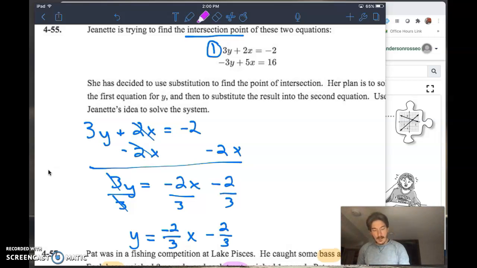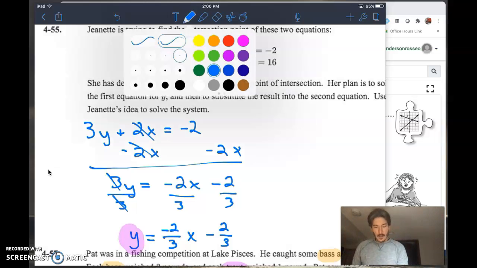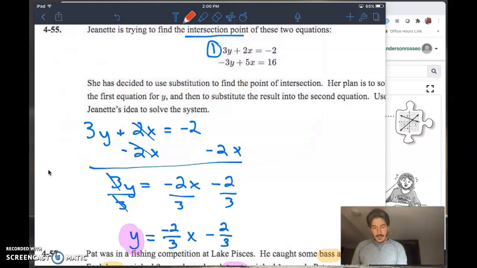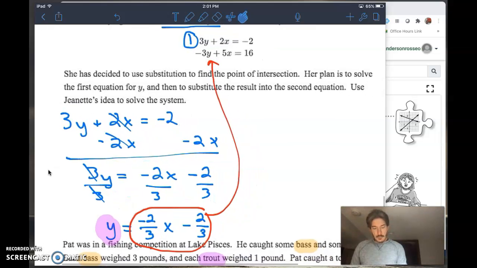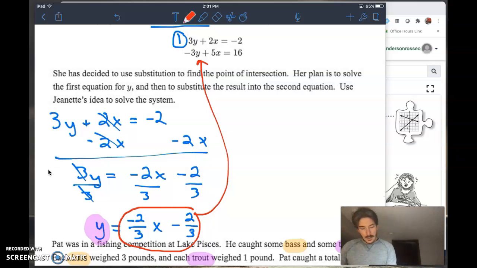At this point, because we have y already solved and by itself, now it's a great idea to use substitution. We're going to sub into the second equation. So I'll take this right here and I'll sub in for y in that second equation. This isn't too bad, because at this point the denominators of those fractions will get eliminated.